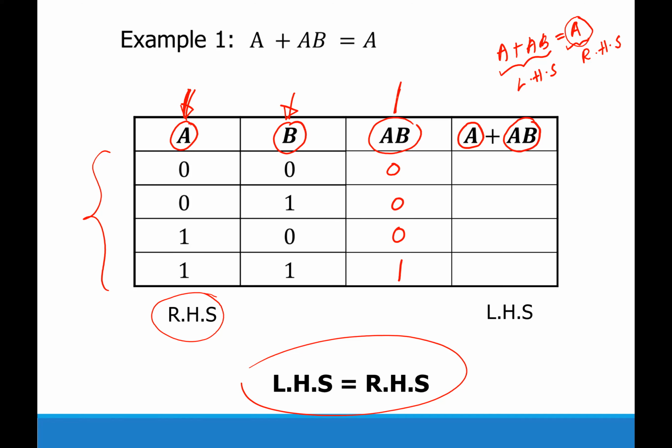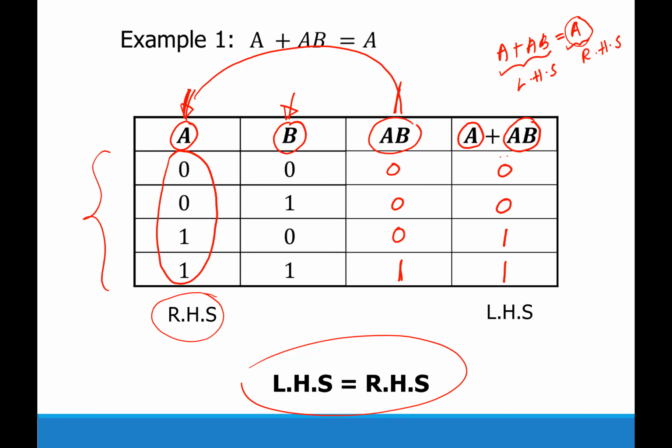We need to take the summation of these two columns. 0 plus 0, 0. 0 plus 0, again 0. 1 plus 0, 1. 1 plus 1, here we have 1. Now here you can see the values of A are 0, 0, 1, 1.